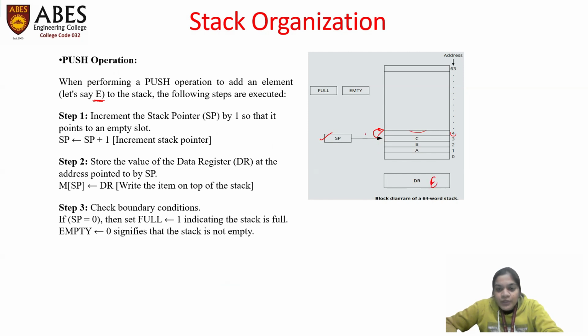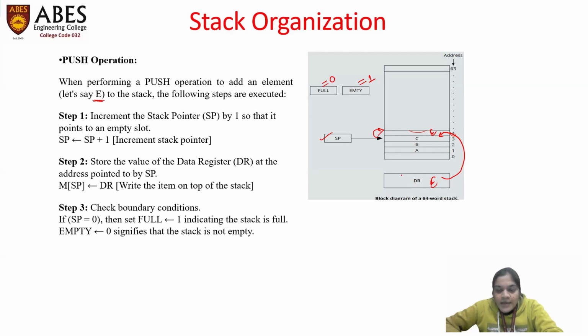When the stack pointer denotes the new location, which is empty, our empty flag will show the value 1 and our full flag will show the value 0. And this data from MDR will get transferred and stored in the new location, address 4.